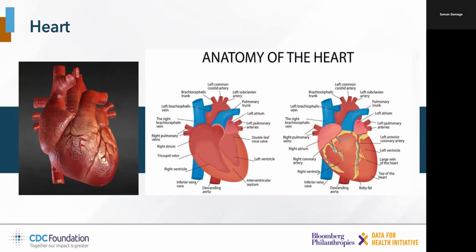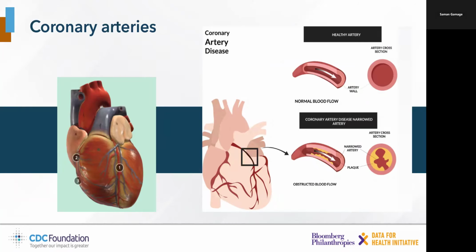So we discussed myocardial infarction, which is a condition arising in the heart. And in the heart, there are coronary arteries supplying blood to the heart muscle. There are healthy arteries, which have normal blood flow.